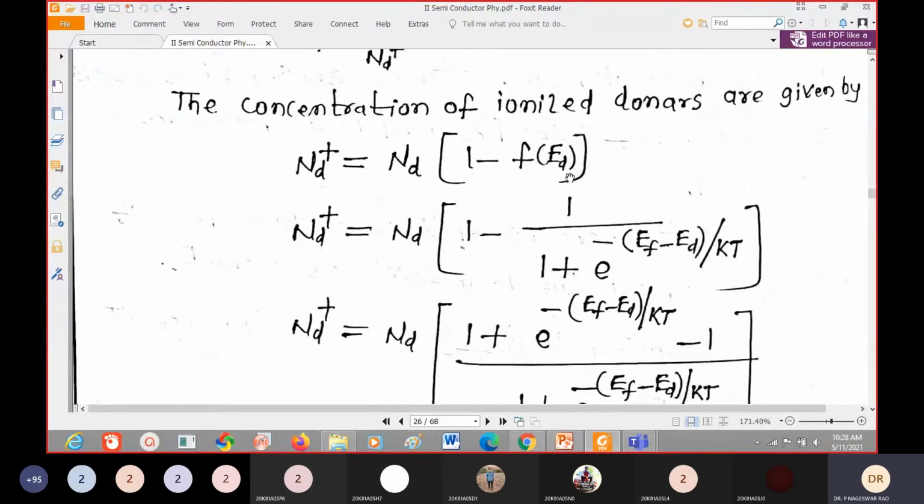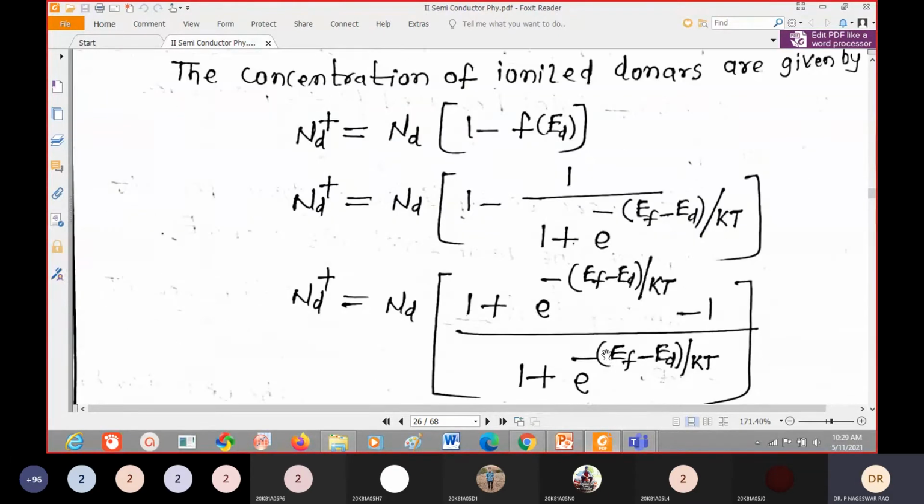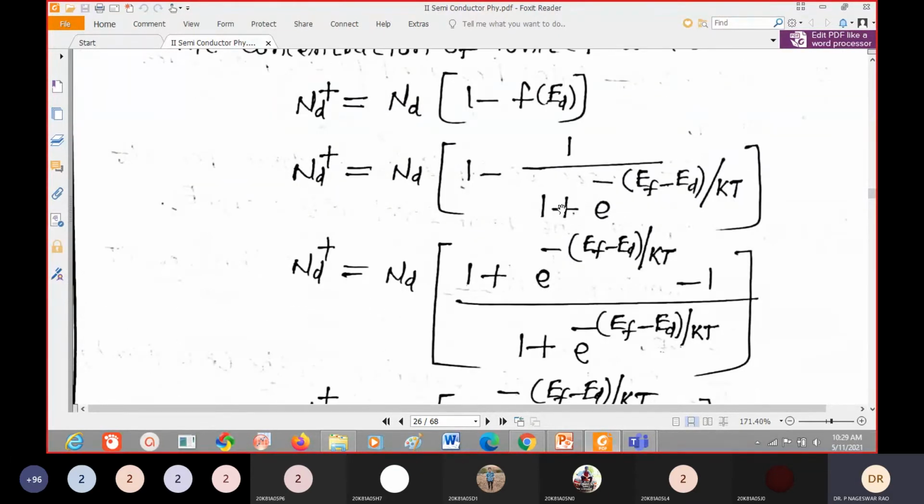According to the Fermi-Dirac distribution function, f of Ed is equal to 1 by 1 plus e power Ef minus Ed by kT. If you simplify it, we take the LCM, where 1 plus e power minus (Ef minus Ed) by kT is the LCM here.